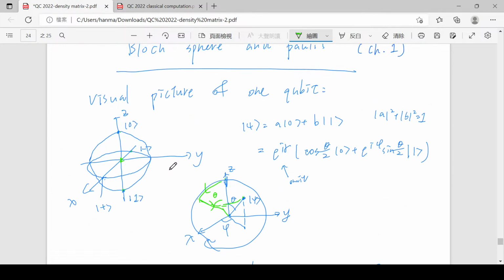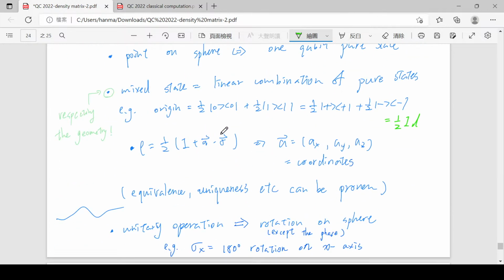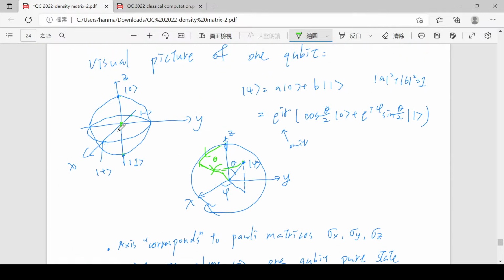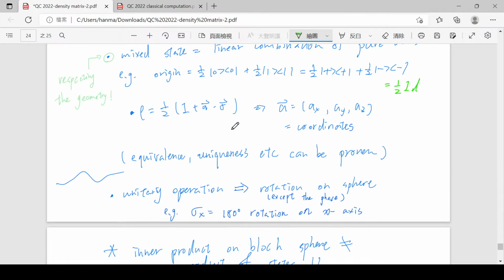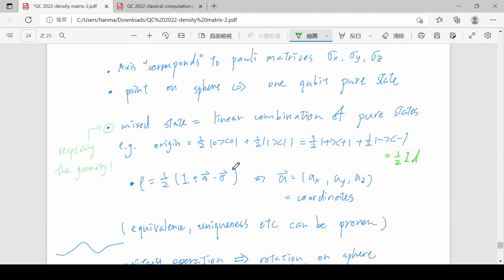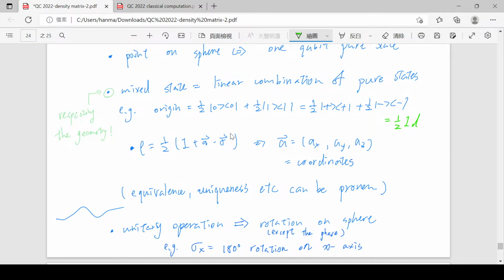Here A is a three-dimensional vector, Ax, Ay, Az, that's just the xyz coordinate in this space. And this sigma vector means sigma x, sigma y, sigma z. So let's write this out. It is 1/2 of I plus Ax sigma x plus Ay sigma y plus Az sigma z. That's what we mean.